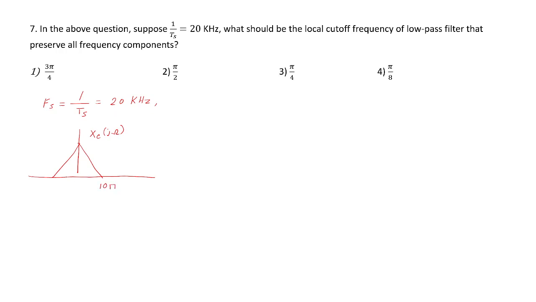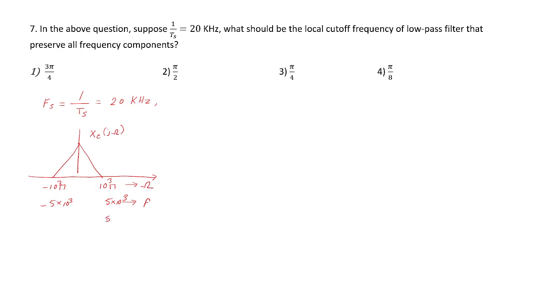You can write it as 10 pi times 10 to the power 3 in terms of analog frequency, or in terms of frequency only you can write it as 5 into 10 to the power 3.